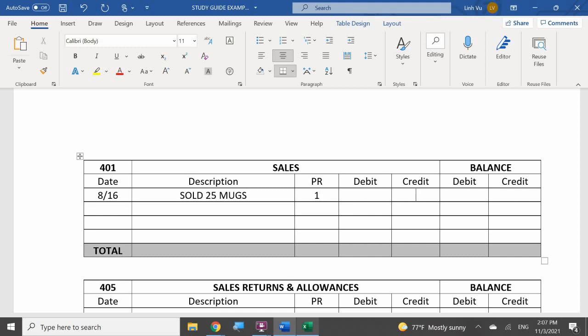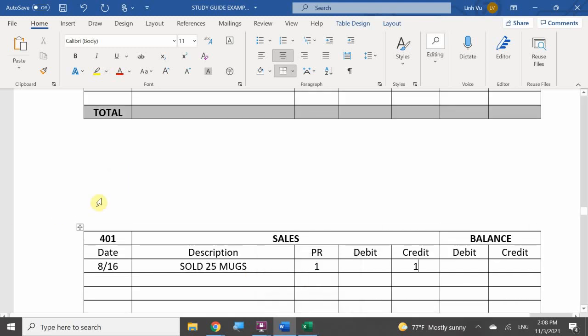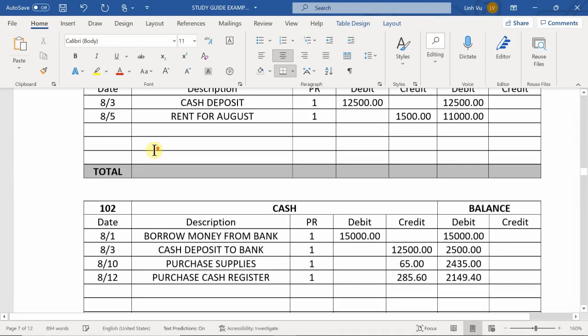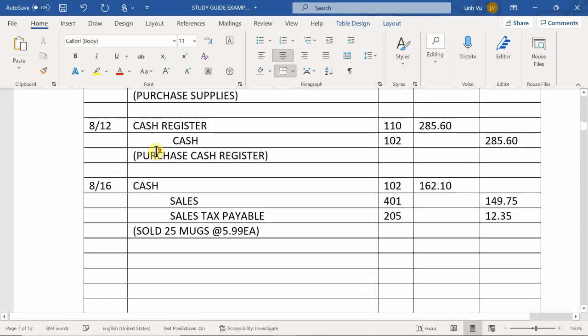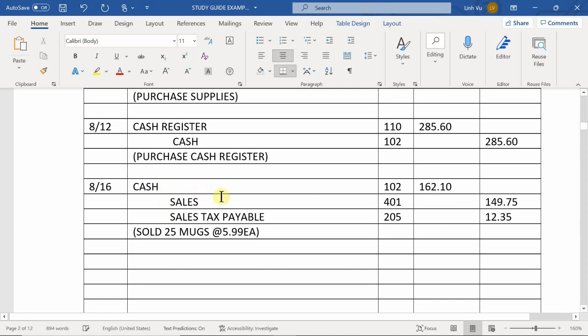Okay. So we have journal number one. It was 162.10. That includes tax. That's the cash. This is not the cash, this is the sales. Okay, let's take a look at your journal one more time. In this case you said we sold 25 mugs at $5.99. So that gave us, oh, this is the cash, $149.75.